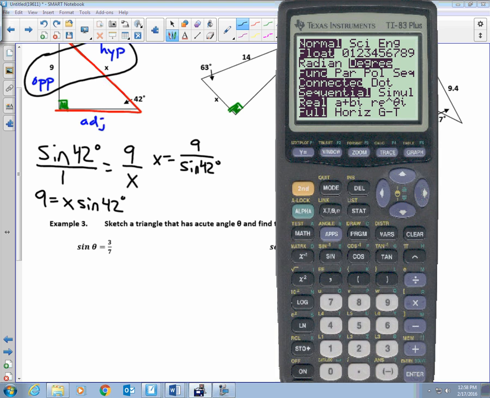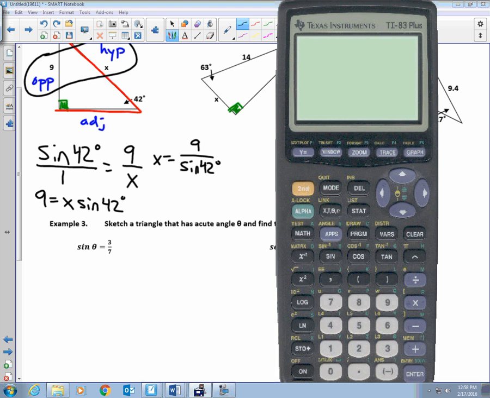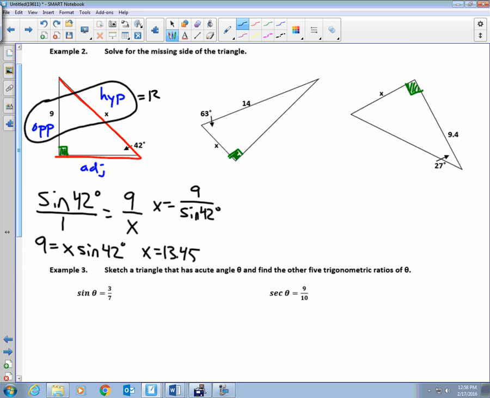You need to understand in the test when to move back and forth between radians and degrees. Have fun. So we take 9 and we divide it by the sine of 42. And I get 13.45. Now that represents my hypotenuse, so that should be the longest side in the triangle, and it is.